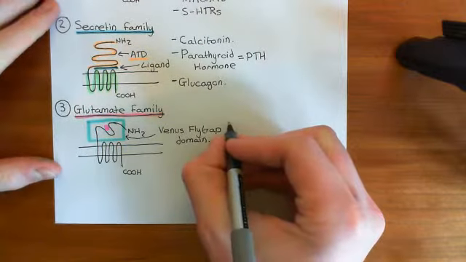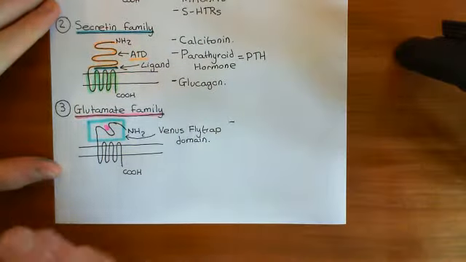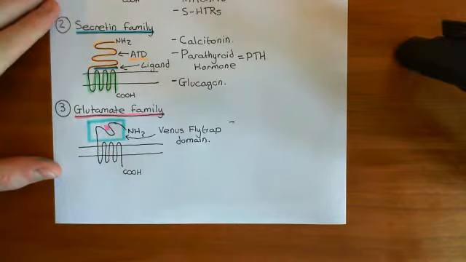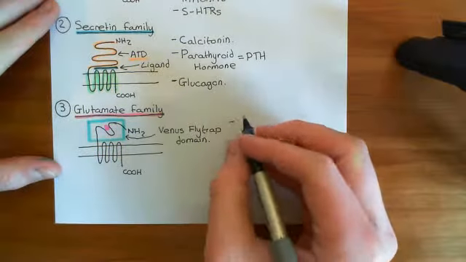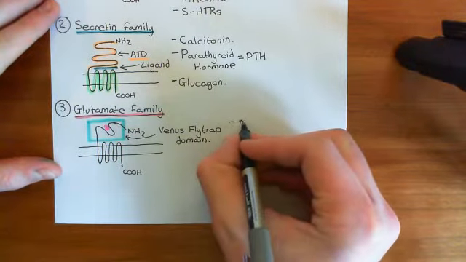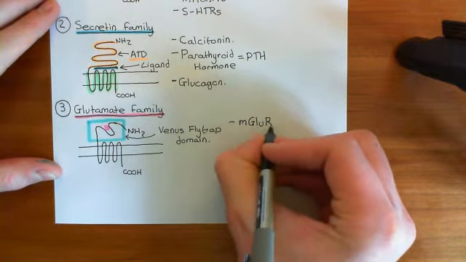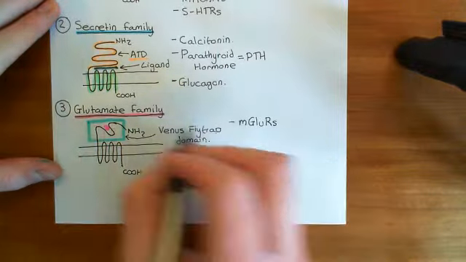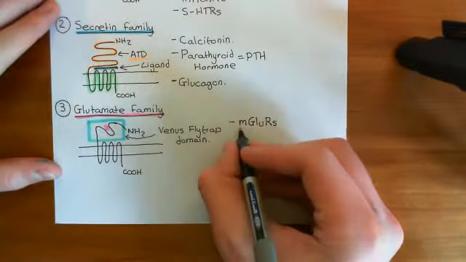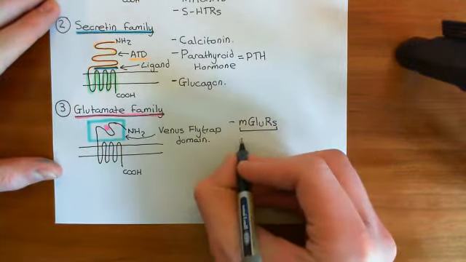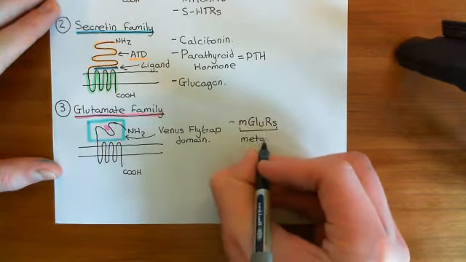So what receptors are within the glutamate family of G-protein coupled receptors? Clearly there are going to be some receptors for glutamate. Specifically, the glutamate receptors within this family are the metabotropic glutamate receptors.